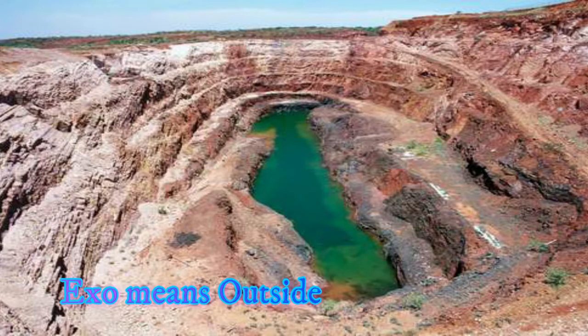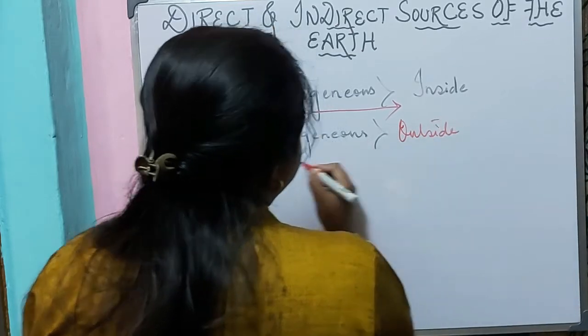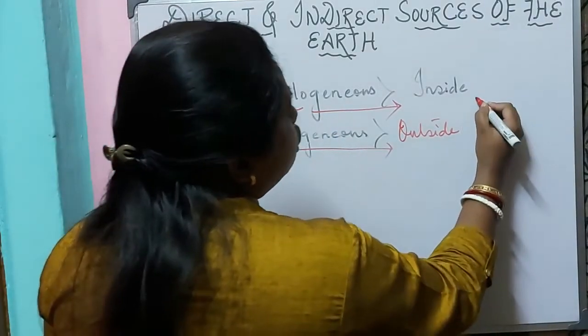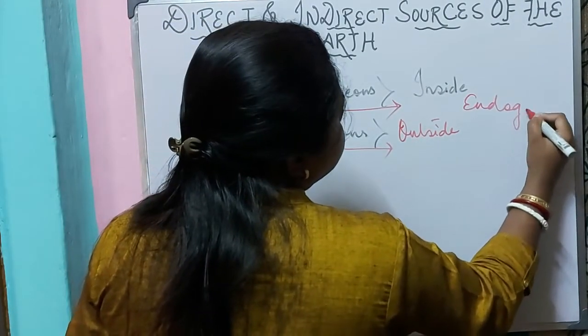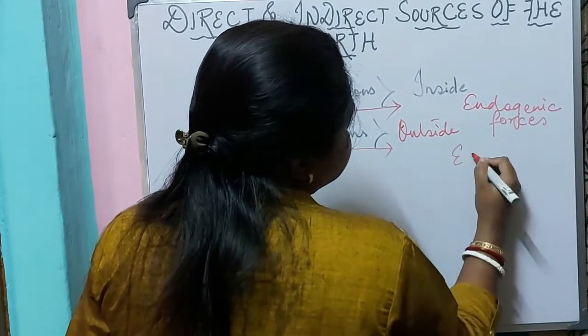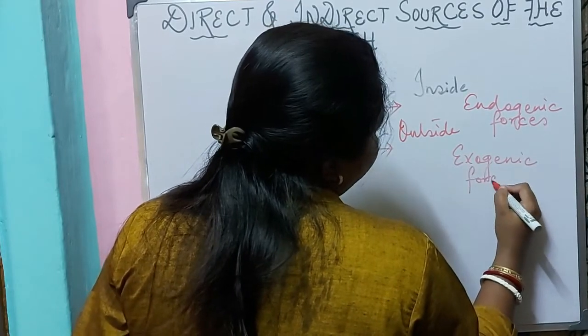Means the processes which are working outside or at the surface of the earth. We can also call this endogenic process or endogenic forces, and this exogenic process or exogenic forces.